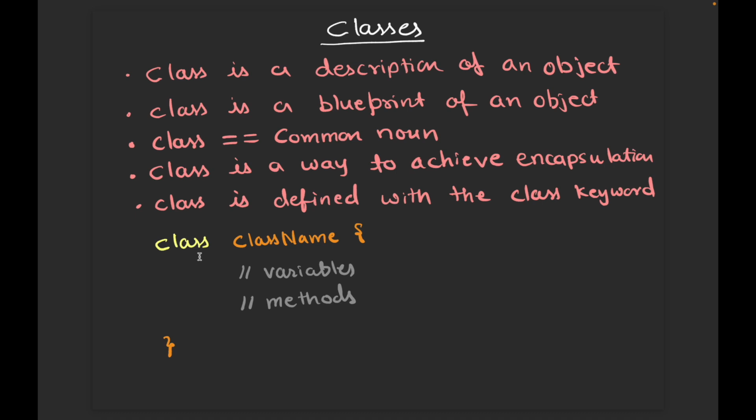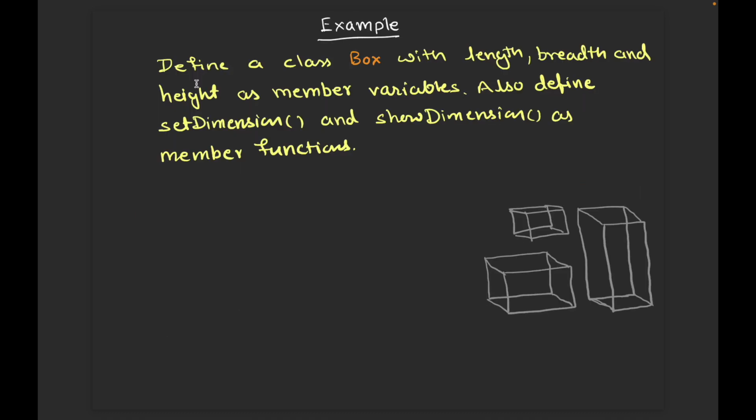First of all, you write the class keyword, then you define a class name, then brackets, and define some instance variables or member variables, methods, etc. For example, we have one class, Box, with integer length, breadth and height variables, and it also defines some methods, setDimension and showDimension, as member functions.